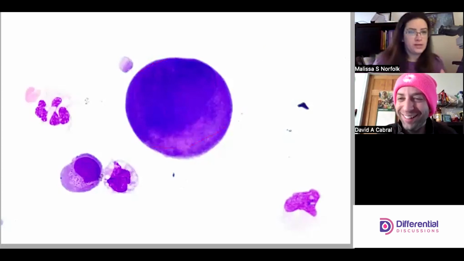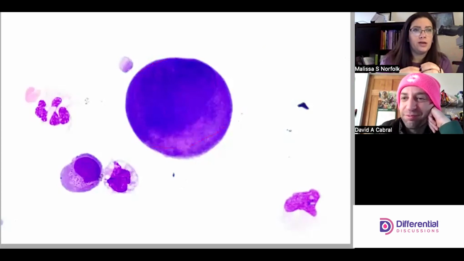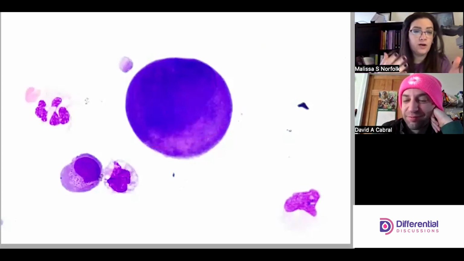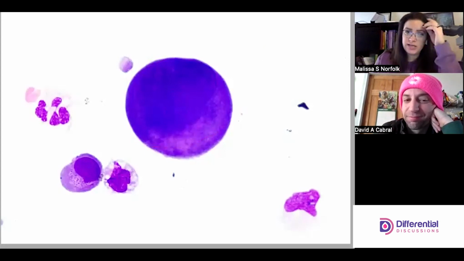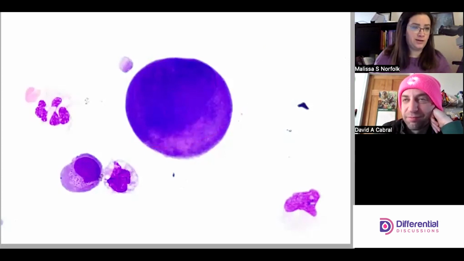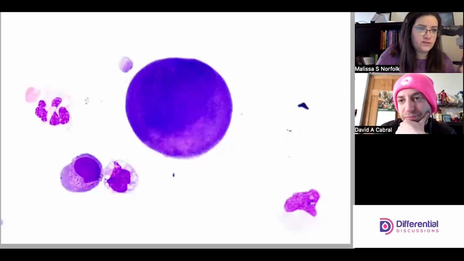The other thing about remaking slides is when you remake them with body fluids, you may not get the same layout of cells, the same distribution of cells. You may not get that really wonky, ugly looking cell on your new smear. So restaining it, you might not get to see if it was the stain, because maybe there's only one or two on this slide, and maybe you have to make five more slides to get something like this on your smear again, which we're not going to do unless we're trying to make an educational batch of slides.